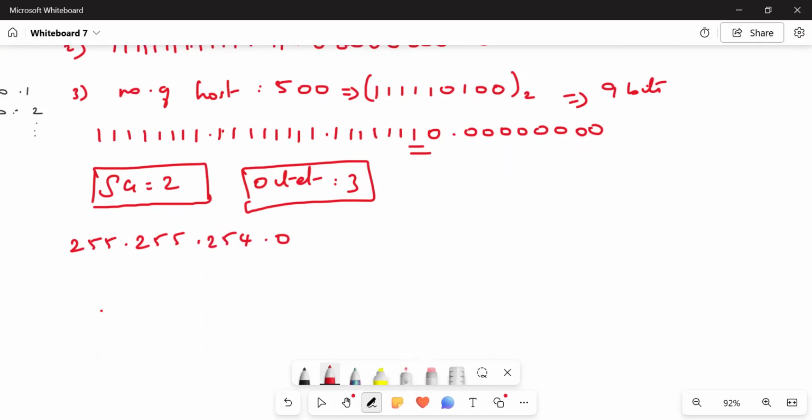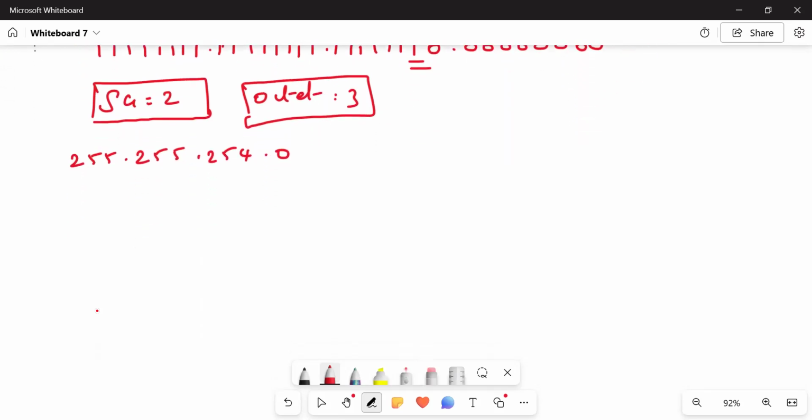So now we can write the network ranges. Starting from the first address, 150.15.0.0. We are getting the subnet generator as 2, so 2 in octet position 3.